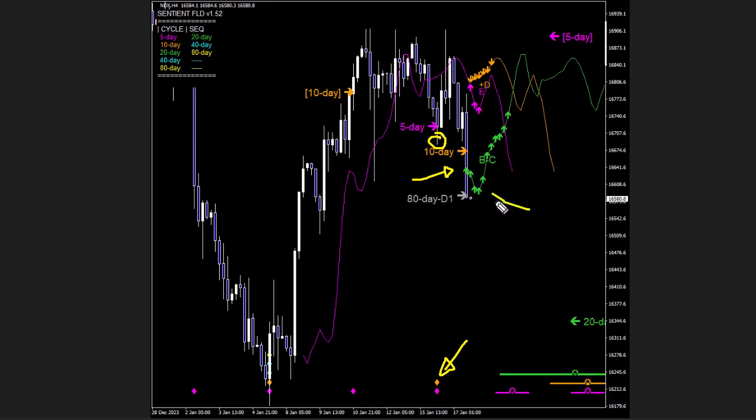Notice the sequence FLD on the 4-hour chart, which is of course the 20-day FLD, is expecting the BC category interaction. Remember when we started our consideration of the trading opportunity for today, I mentioned that that 20-day FLD is expected to provide support.